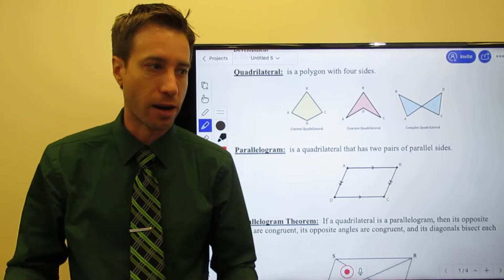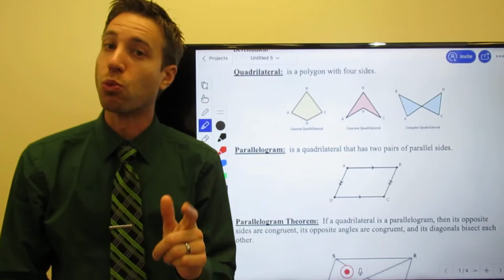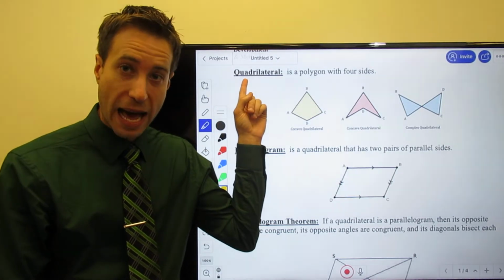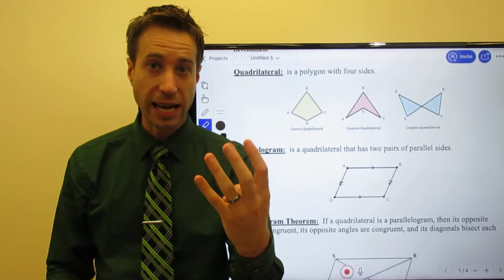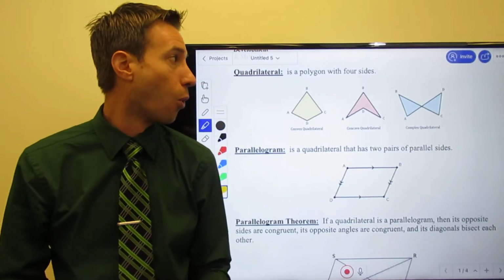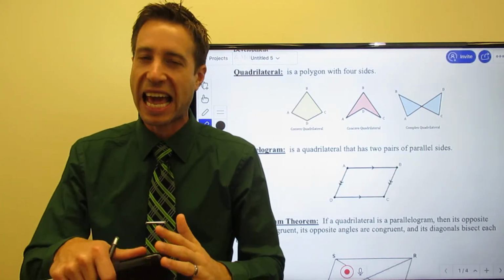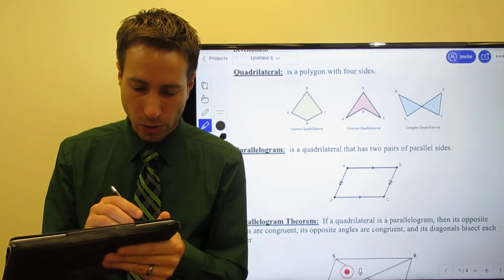In this chapter, we're going to talk specifically about a quadrilateral, which is a polygon that has four sides. Quadra meaning four. So a quadrilateral is any polygon that has four sides. Any figure with four sides is a quadrilateral.